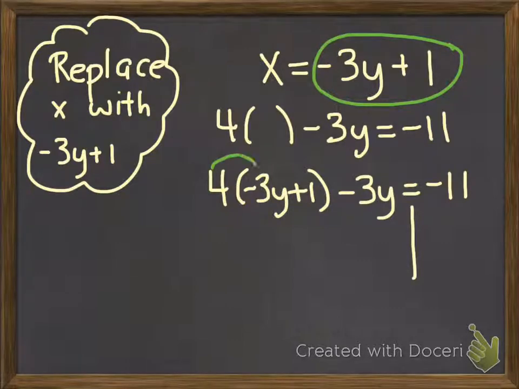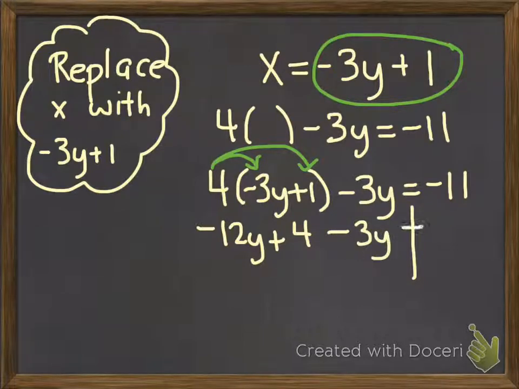So do the distributive property. When you do the distributive property, the 4 gets multiplied to everything inside the parentheses. So 4 times negative 3y is negative 12y, plus 4 times 1 is 4, minus 3y equals negative 11. Now we're going to take this positive 4 and subtract it, so now we have all the letters together and the numbers together.